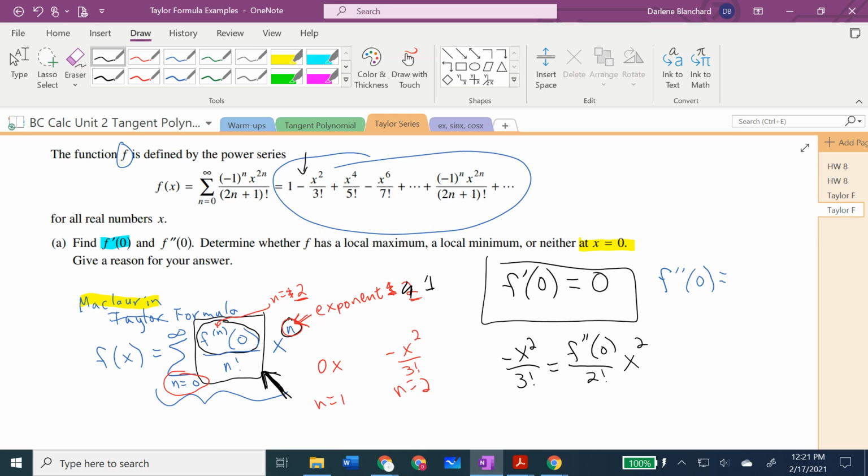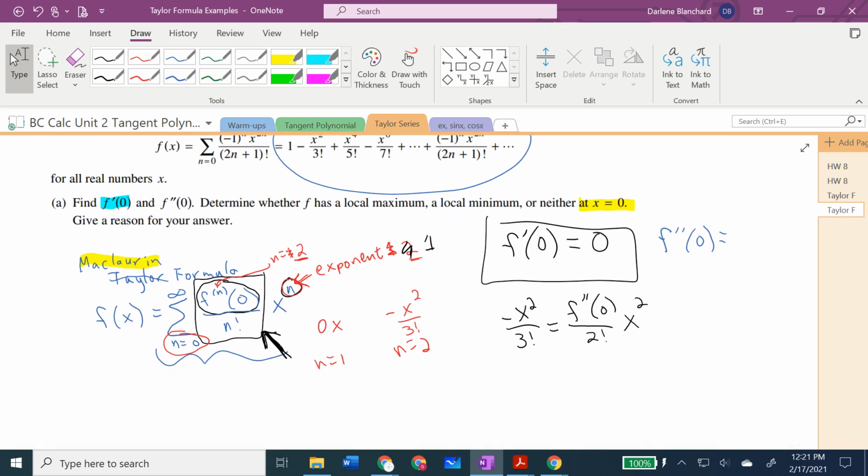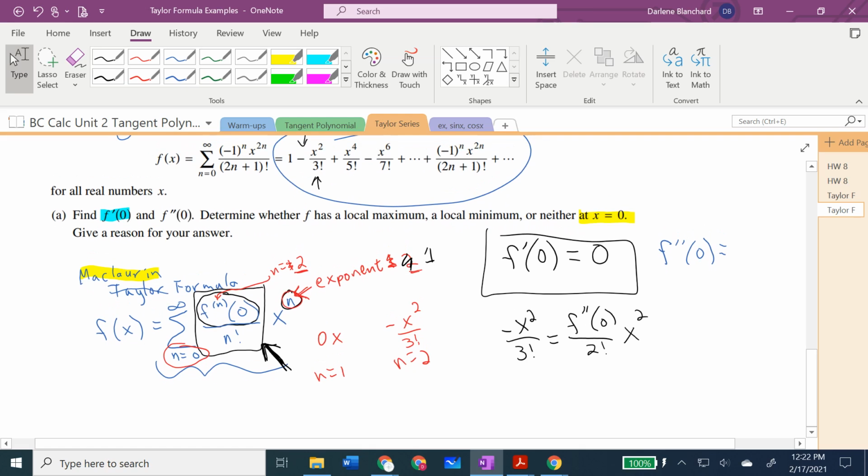And what I do is I look at the coefficient. The coefficient of the given polynomial for x squared is negative 1 over 3 factorial. The coefficient formula for x squared is the second derivative at 0 over 2 factorial. So I'm essentially just getting the x squareds and canceling them out.